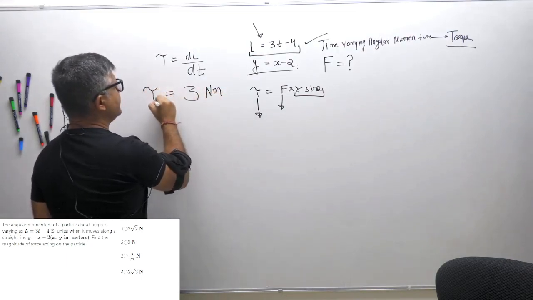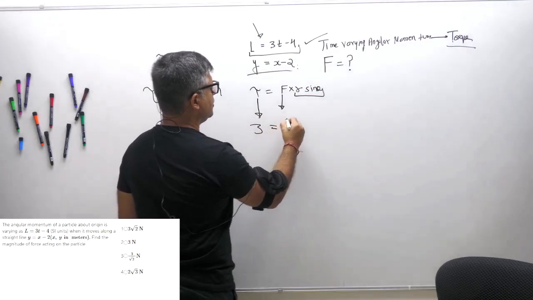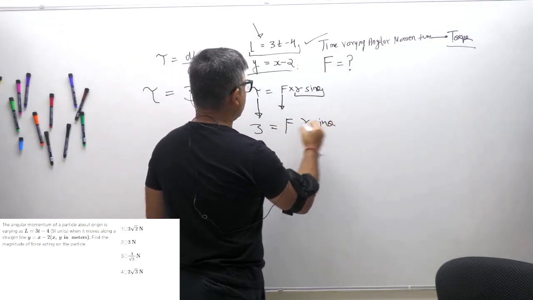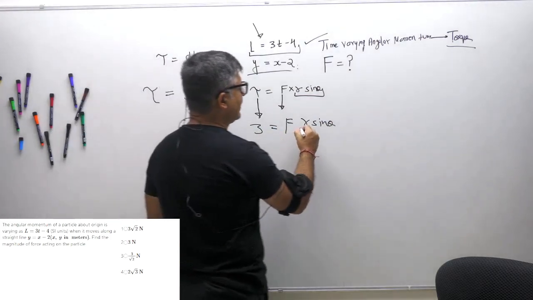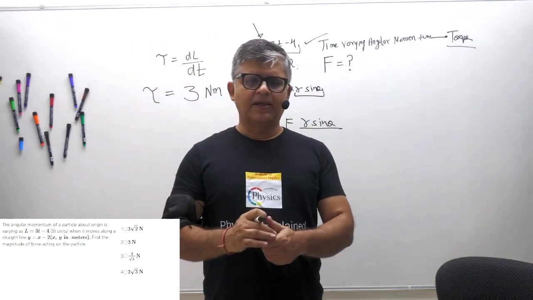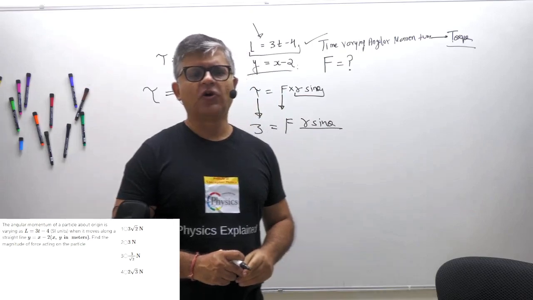So this is my torque. Let me put it here: 3 is equal to F R sine theta. Now at least I've been able to get the torque. What I need is the perpendicular distance between the axis of rotation and the line of action of the force.